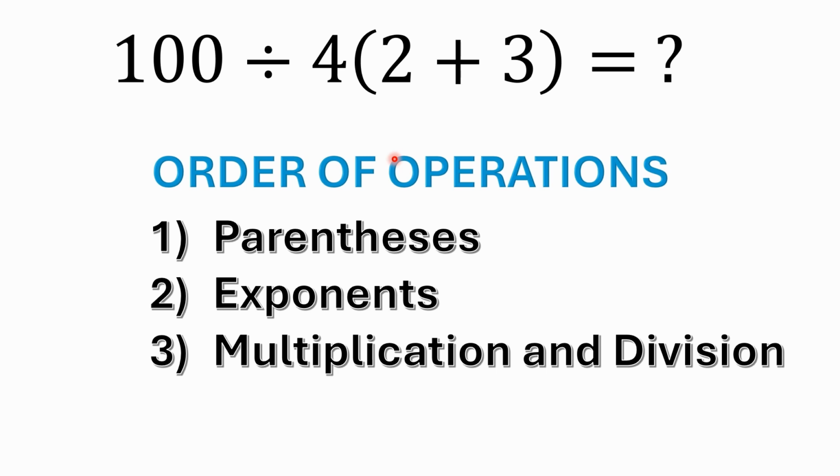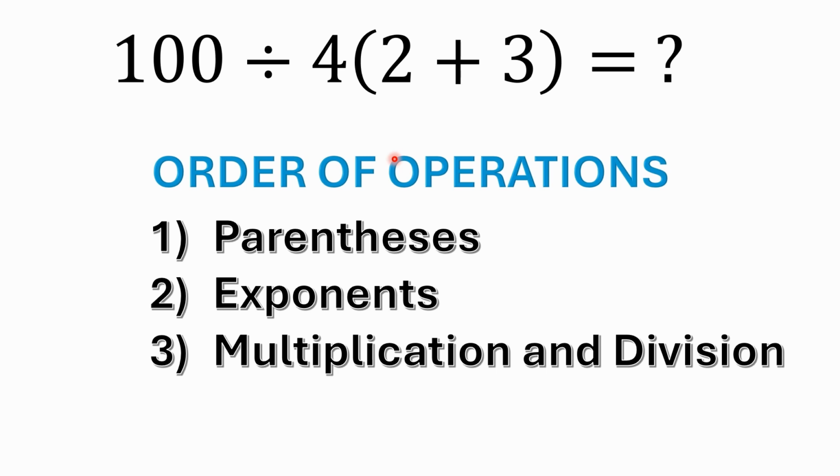Number three, we have multiplication and division. And probably where I see a lot of people coming up with an incorrect answer is that if they're following PEMDAS, they assume that multiplication is done before division always, and that's not true. You don't go by the order of the letters P, E, M, D, A, S. You have to remember that the M and D are grouped together, the A and the S are grouped together.